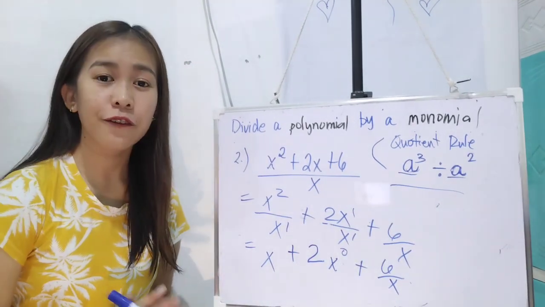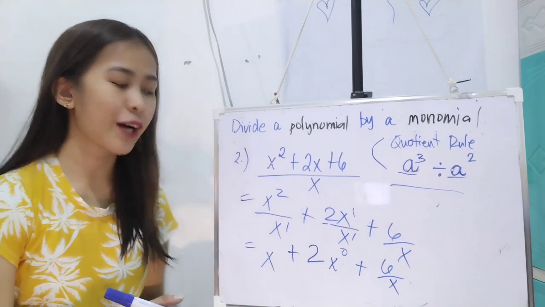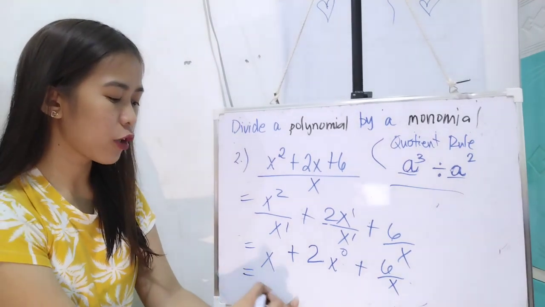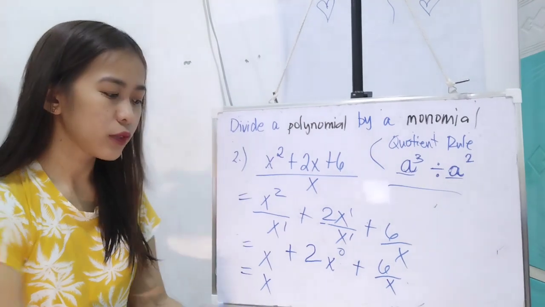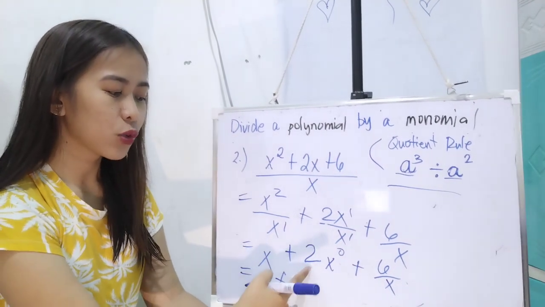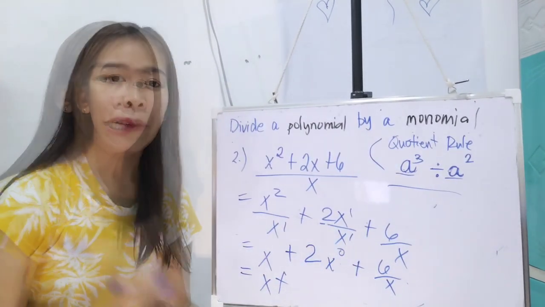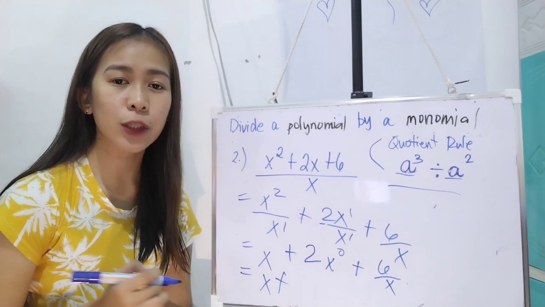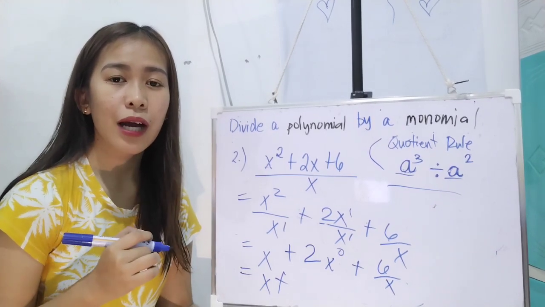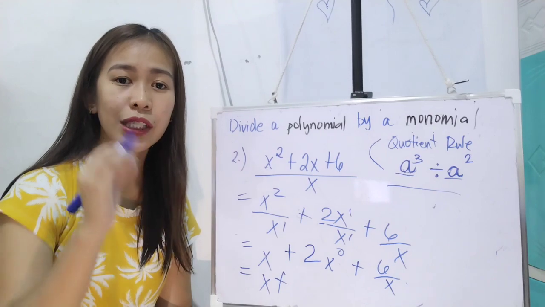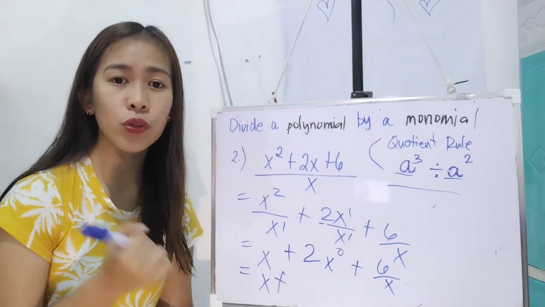Okay? And then right after that, we are just going to simplify. So, this x is okay already. Let's just copy that. Plus 2x raised to 0. Remember, in the zero integral exponent rule, whenever you see an exponent of 0, that is always equal to 1.